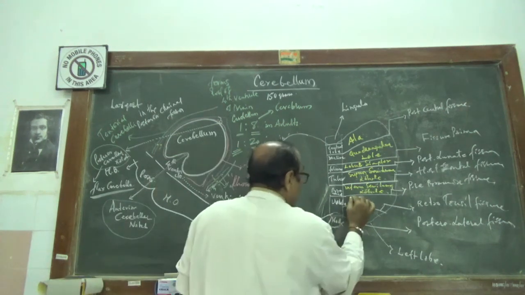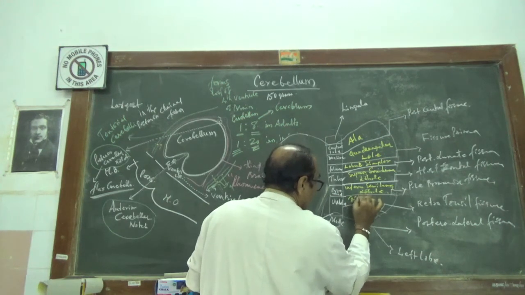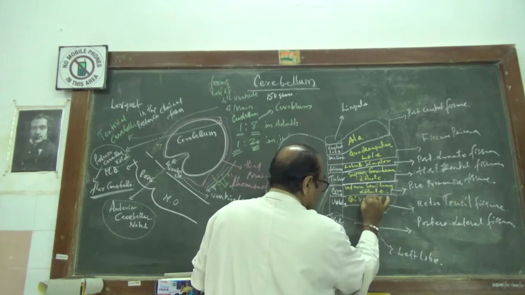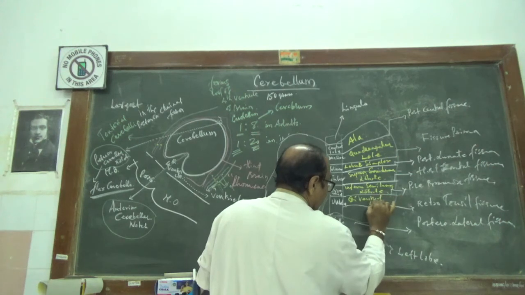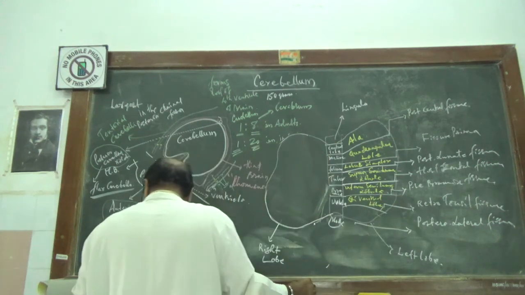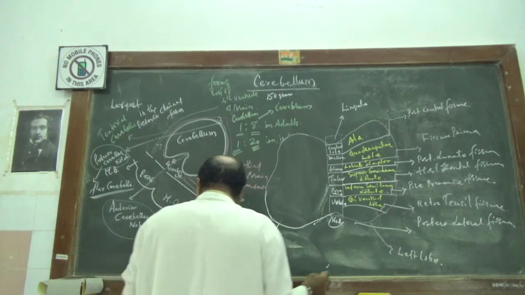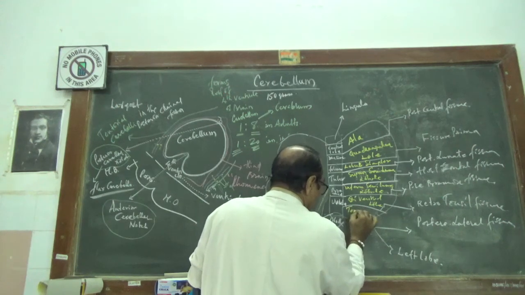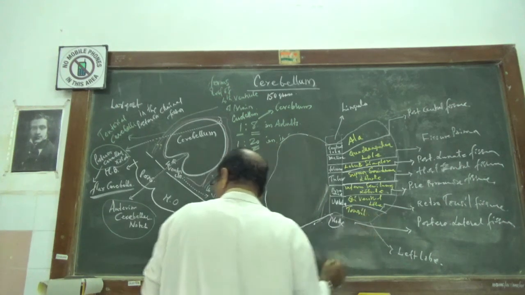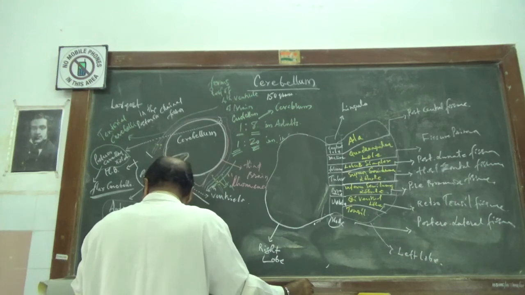Then you have got the biventral lobe. This is said to be a tonsil.